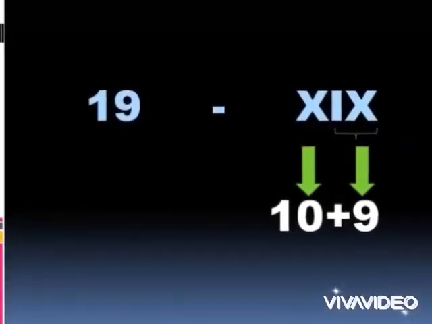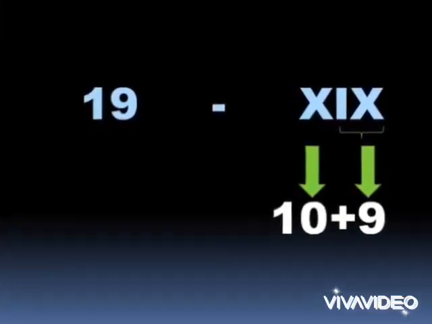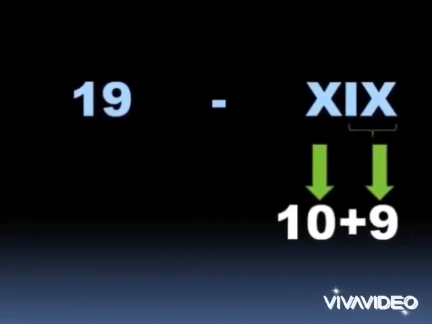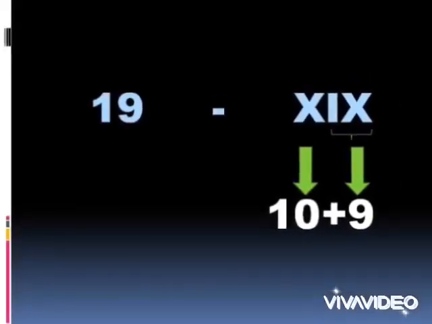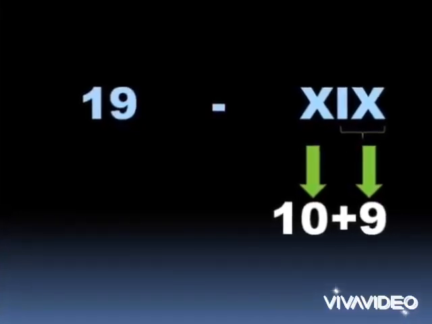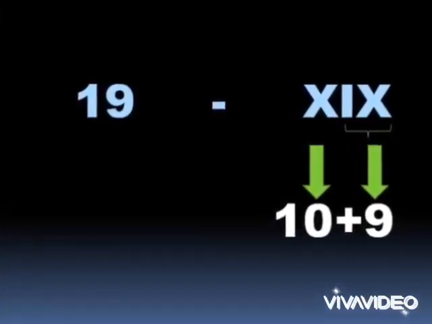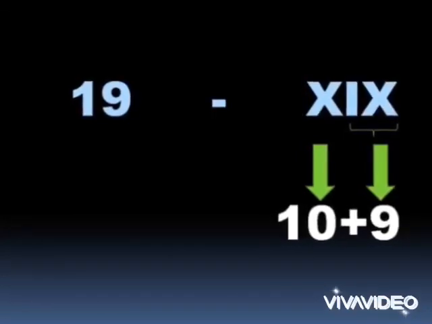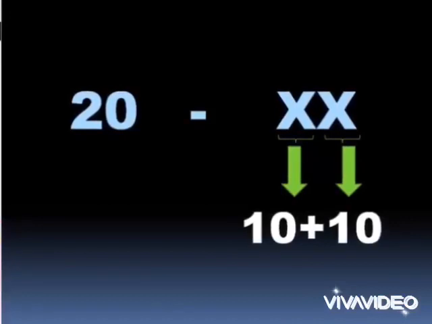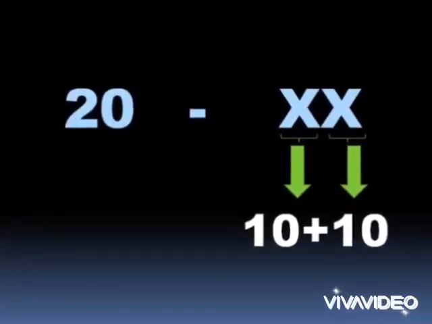We write 19 as XIX, where we know IX represents 9. So 9 is added to 10 to make it 19. 20 is written as XX. It's very simple. 10 plus 10 makes it 20.